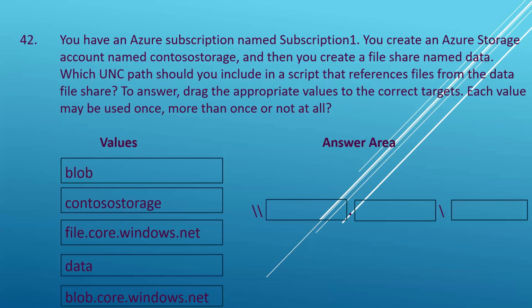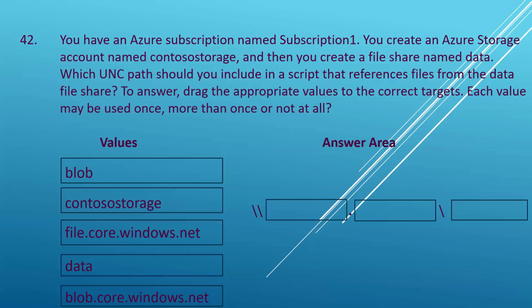On the left hand side in the values section, you have blob, Contoso storage, file.core.windows.net, data, blob.core.windows.net. On the right hand side in the answer area, you can see we have 3 blanks. So basically you need to drag 3 values from the values section into the answer area. It can be that you might have to drag a single value twice, or these 3 values can be different altogether.